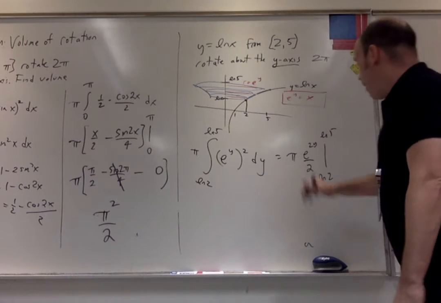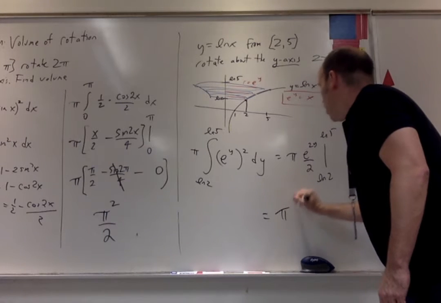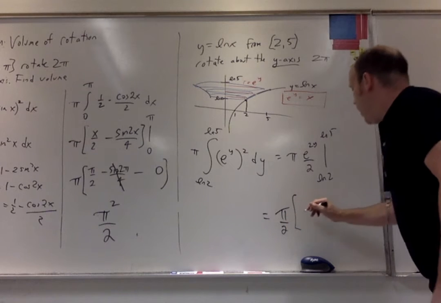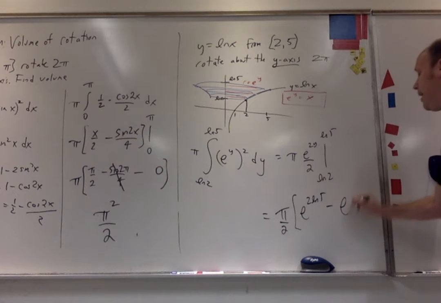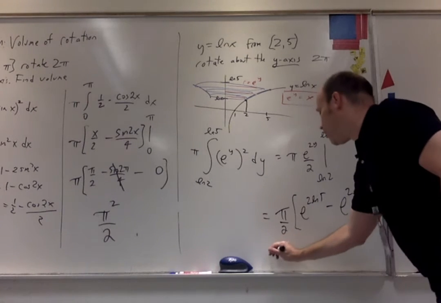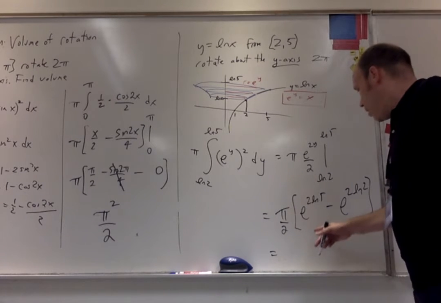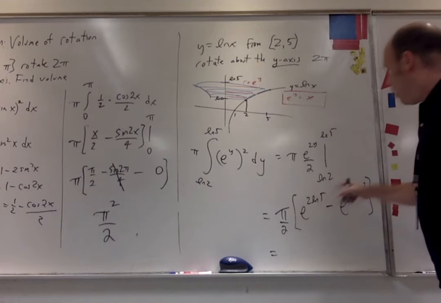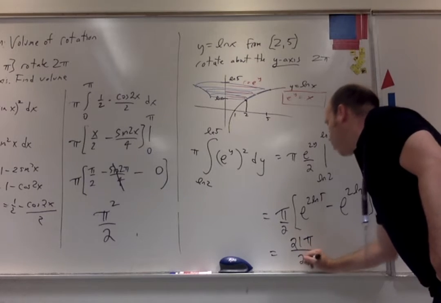And then we have, this is equal to pi over 2, I'm going to pull out the 2, times e to the 2 ln of 5 minus e to the 2 ln of 2. Final answer. Can you see that down there? That is 25 minus 4, so 21 pi over 2.